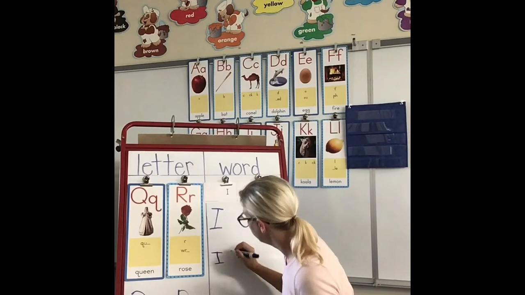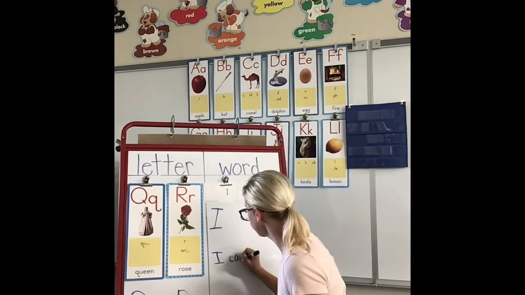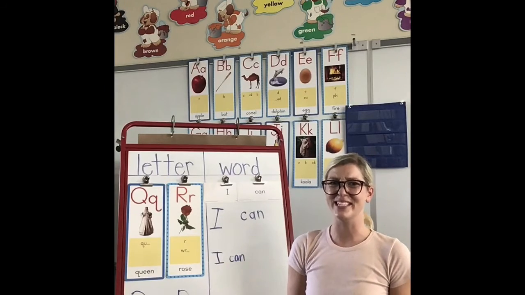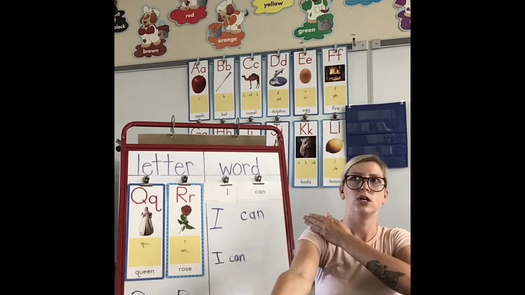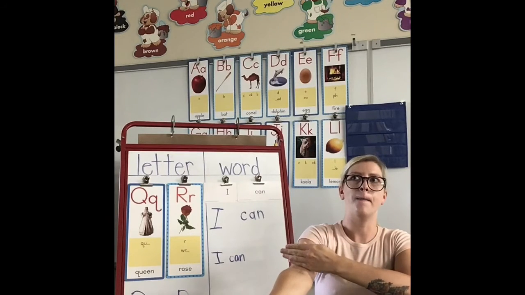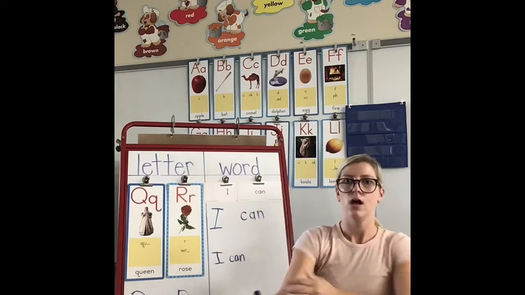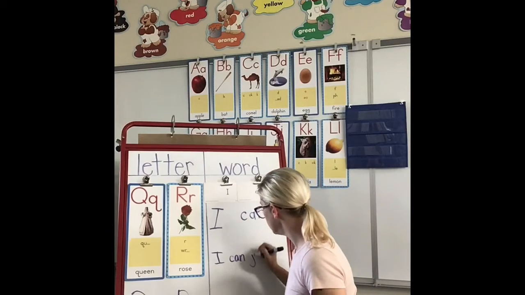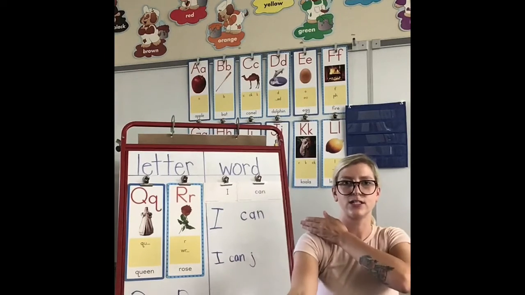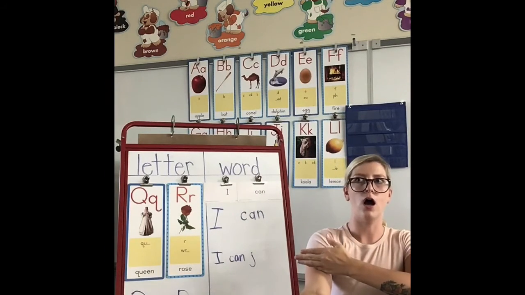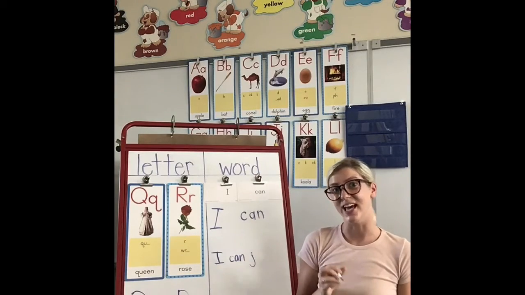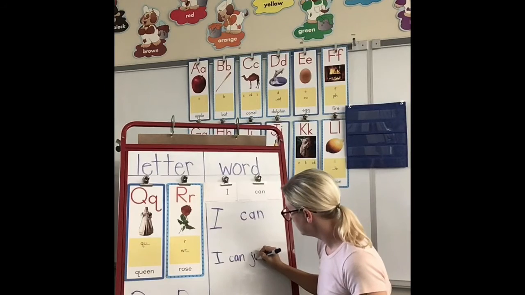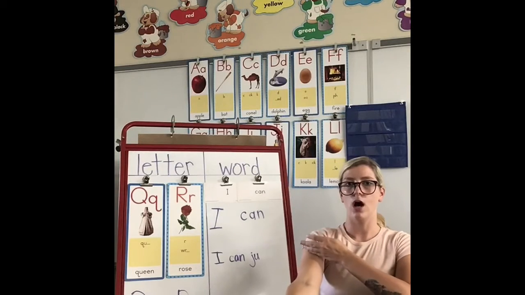I can. But we need to sound out the sounds in jump. Let's try it on our arm. J. P. I heard the first sound, J. What's next? I know that the letter U says u.